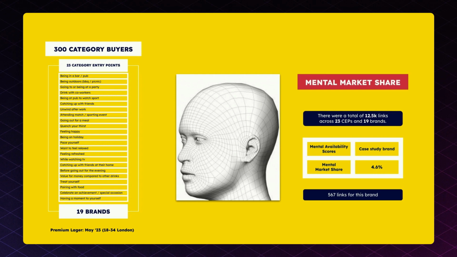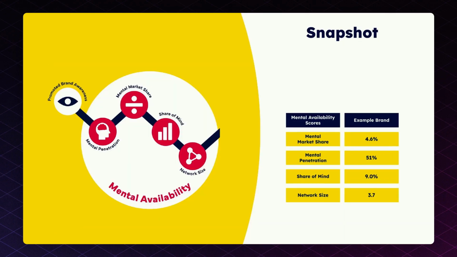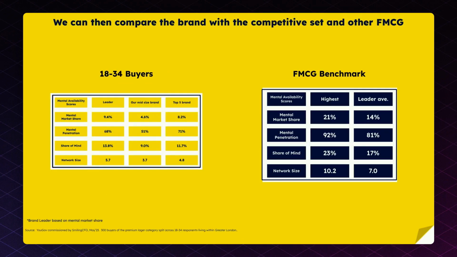Now, moving forward through the process a little bit, what we're able to do is capture the mental market share, the mental penetration, the share of mind, and the network size, which are really useful numbers, but unless you've got the competitor context, they probably don't mean too much.